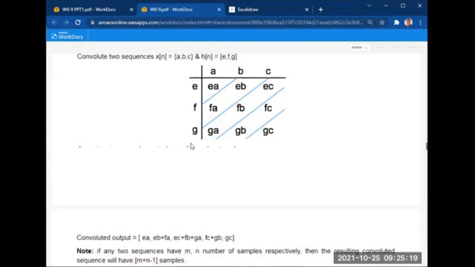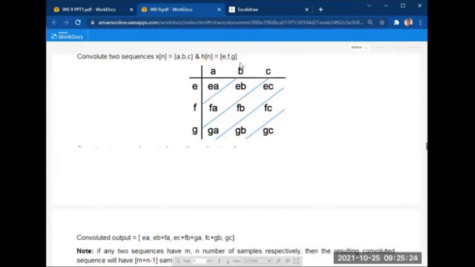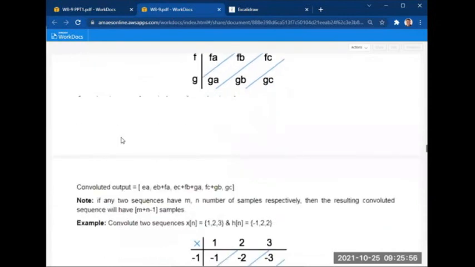The answer will be the same. Then we multiply each of the components: E times A, B times E, C times E, A times F, B times F, and so forth. Then we divide them with these lines and add all of the components within the lines. So we have EA, EB plus FA, EC plus FB plus GA, FC plus GB, then GC. So this is the tabular method of our convolution signal.